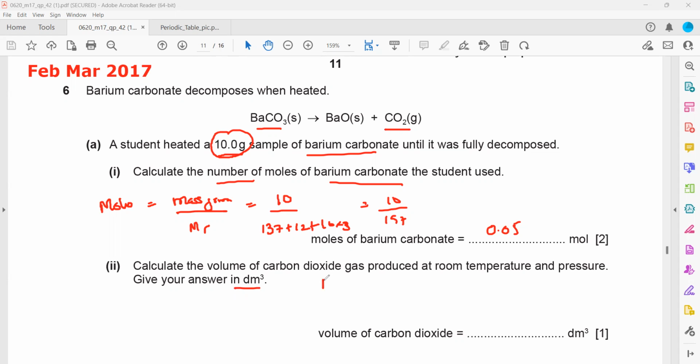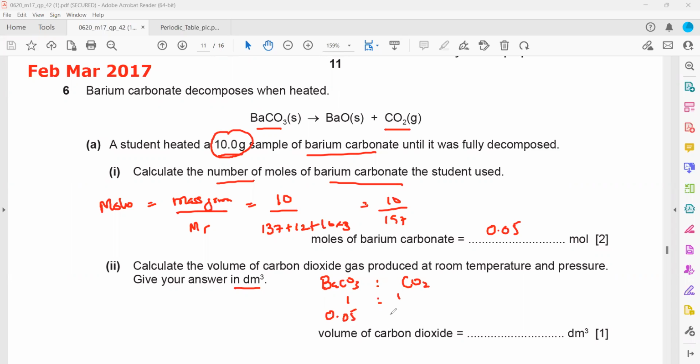We will use a ratio between barium carbonate and carbon dioxide. According to the equation, the ratio is 1:1.